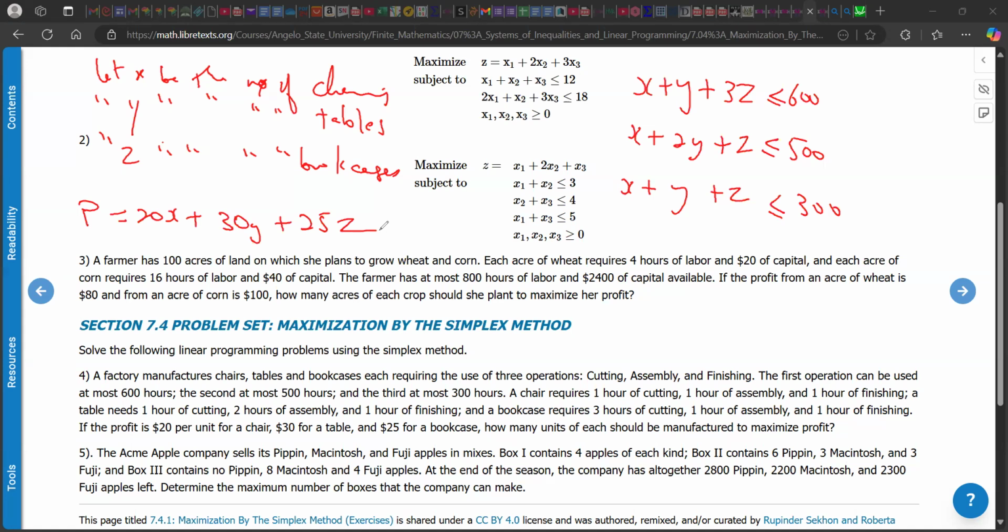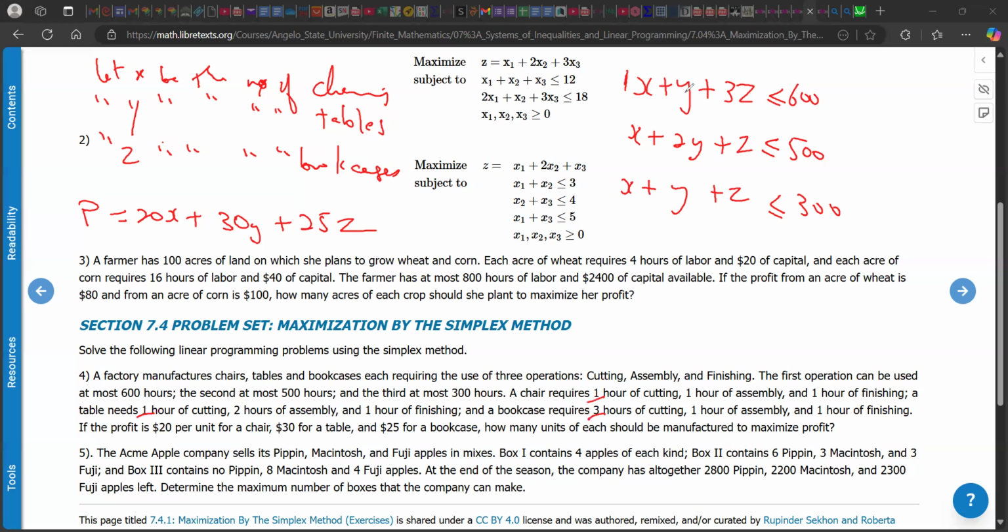The first one has to do with the number of hours available for cutting. Notice the information says chairs require 1 hour of cutting. Tables require 1 hour of cutting as well. And bookcases require 3 hours of cutting. So if you make X chairs, then 1X is the number of hours you will take for cutting chairs.